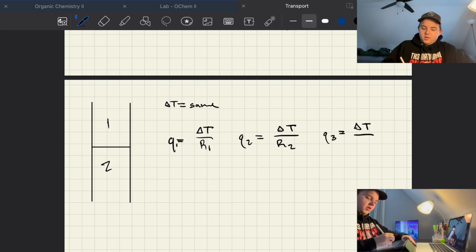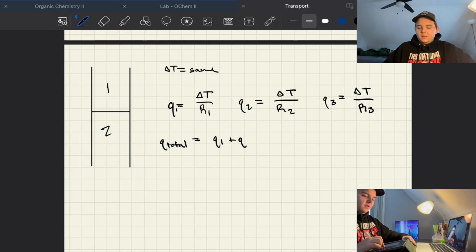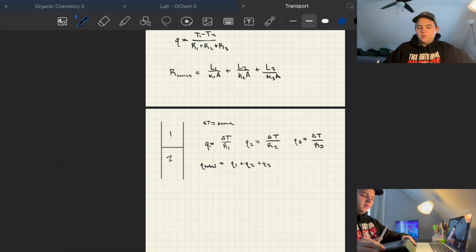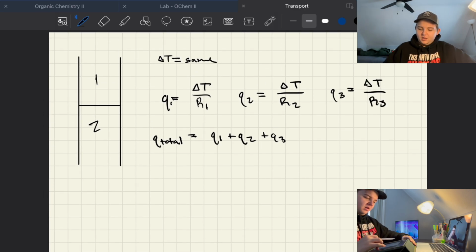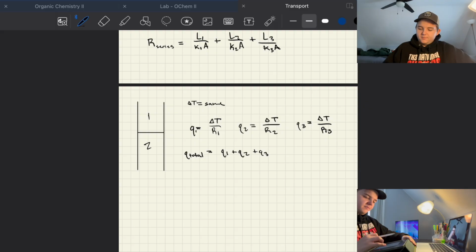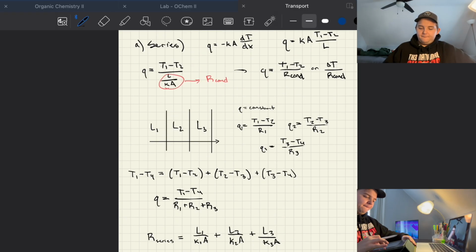So we can just do our Q total. Easy enough. So for parallel, we have our change in time over our overall resistance, or change in temperature, not change in time, sorry, over our overall resistance. So somewhat similar to up top, but still its own thing.